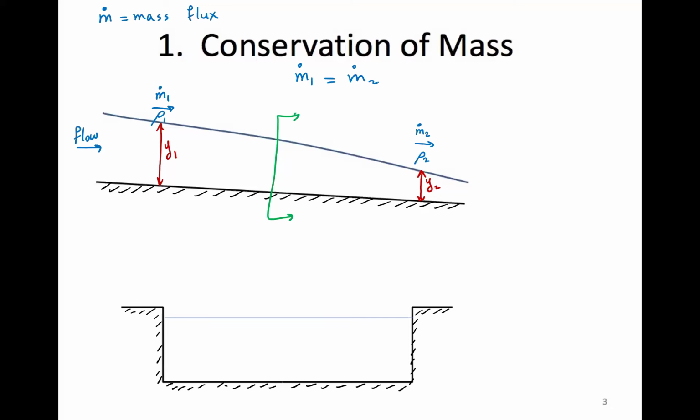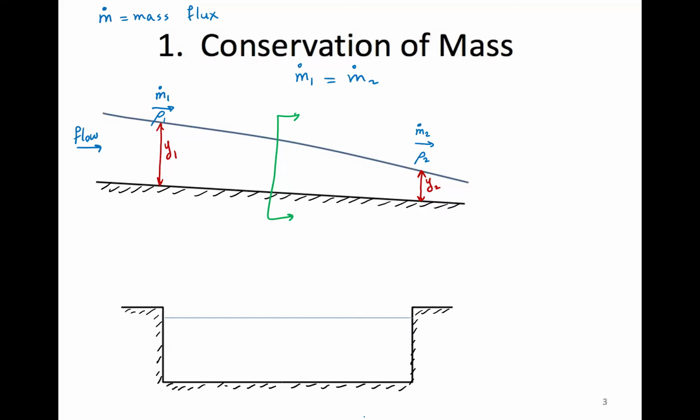So what is m dot? m dot is mass flux, which is equal to rho Q, density times Q. What is Q? Q is the volumetric discharge or rate of flow. So it's volume divided by time.